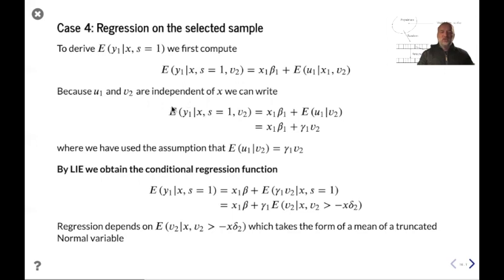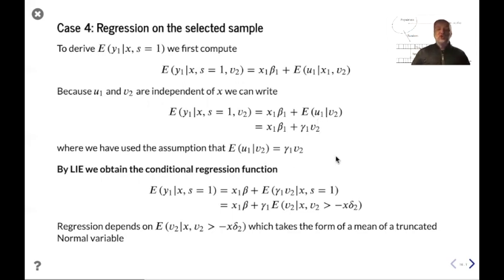So this is what we have. Of course, we cannot really use this regression function because we don't observe V2. But if we did, we could regress y1 on X1 and V2, and then we would have accounted for that selection.